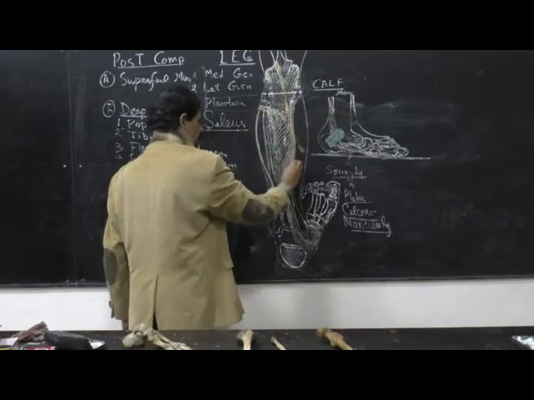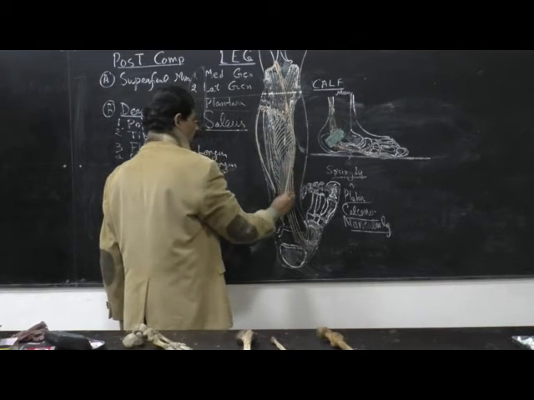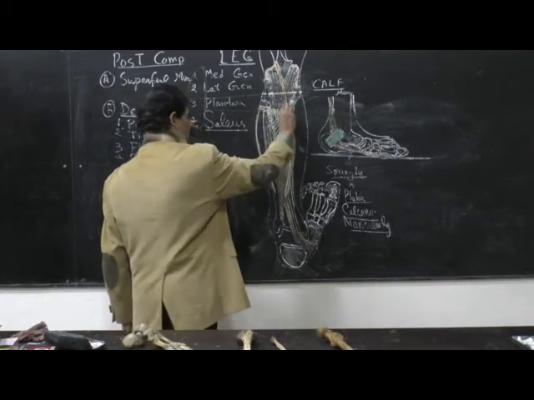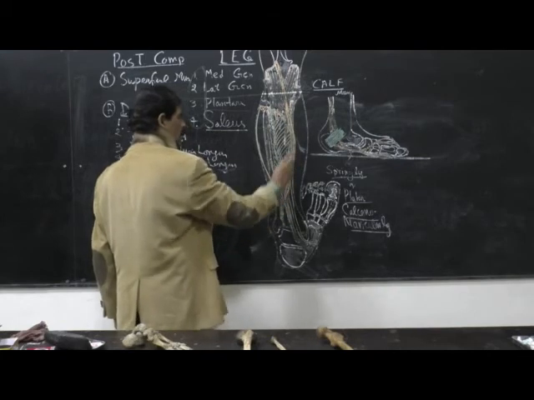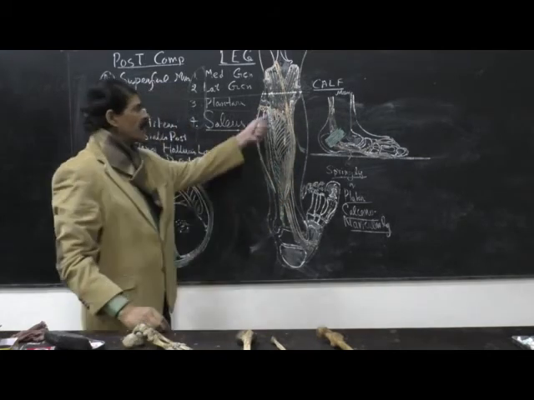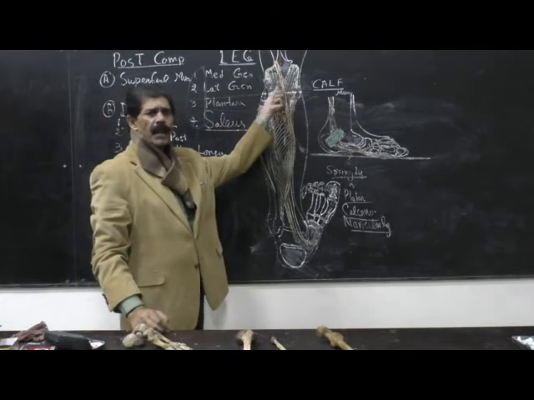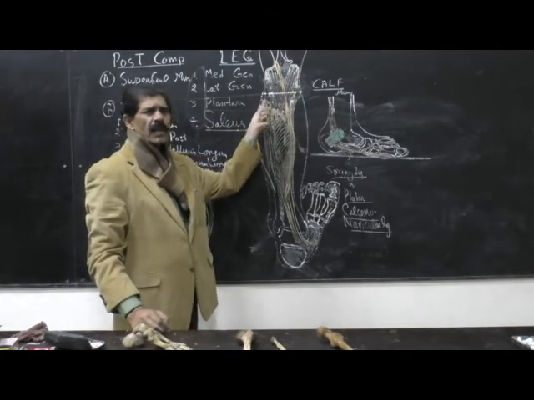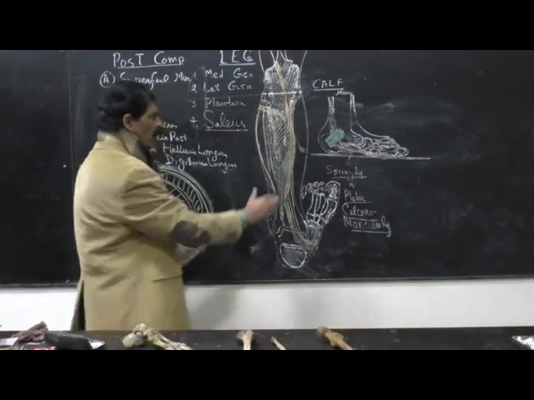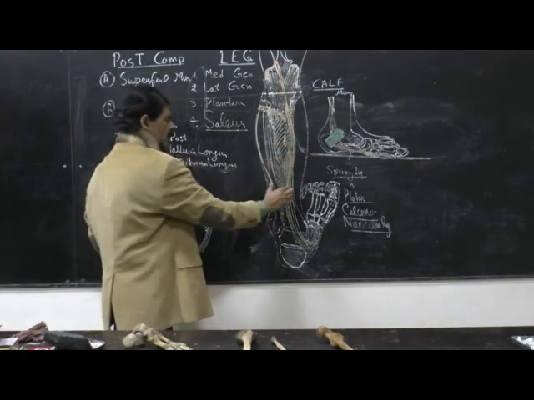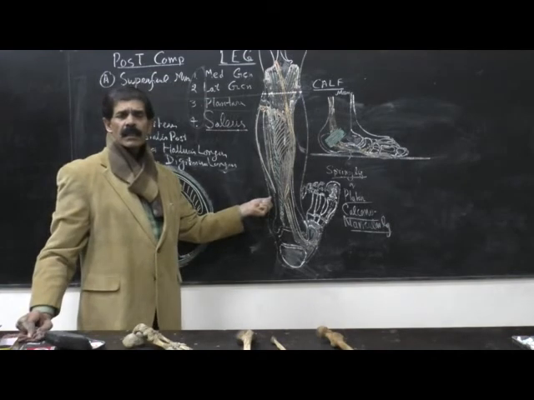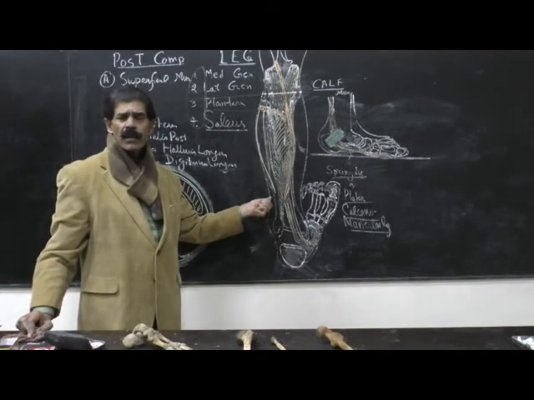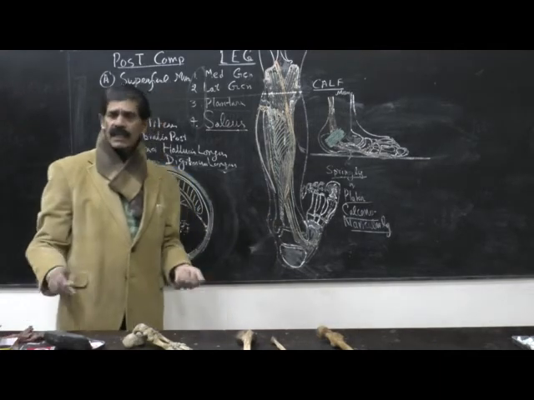So plantaris accompanies the medial border of the soleus. These muscles, the medial gastrocnemius, the plantaris and the lateral gastrocnemius along with the soleus, all fuse together in the lower part of the posterior aspect of the leg to form one of the thickest and strongest tendons of the human body, that is the tendocalcaneus or tendo Achilles.